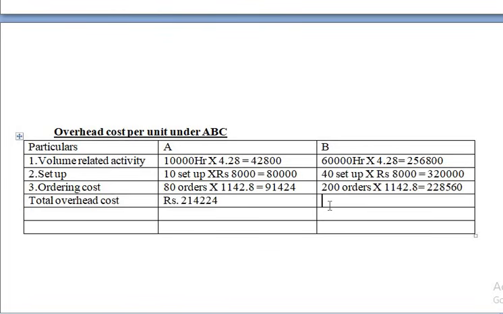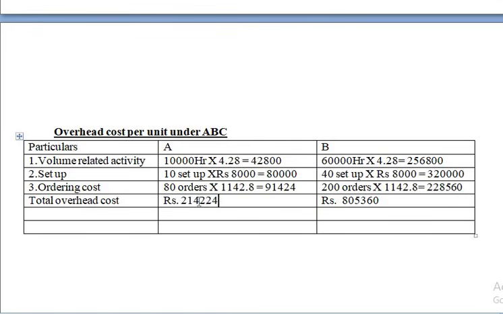Now come to product B. So 2,56,800 plus 3,20,000 plus 2,28,560. You will get 8,05,360. This is the total overhead cost incurred for product A and for product B.